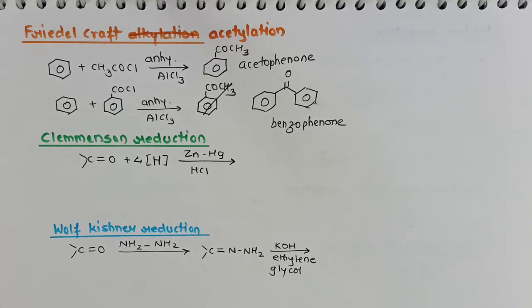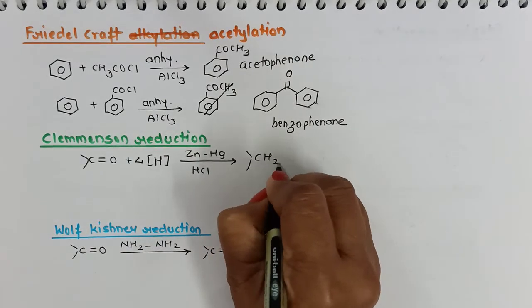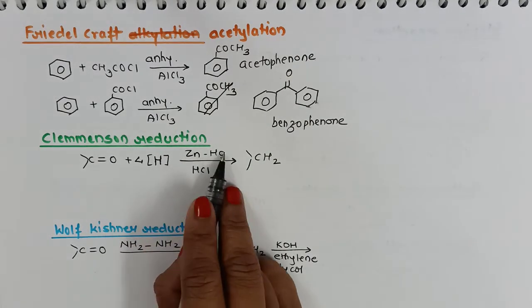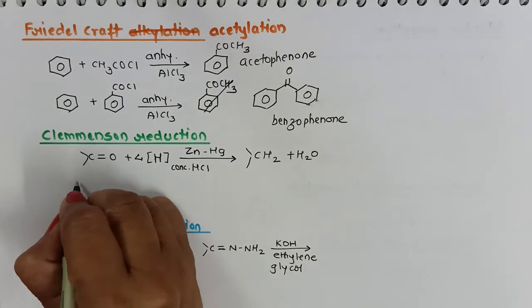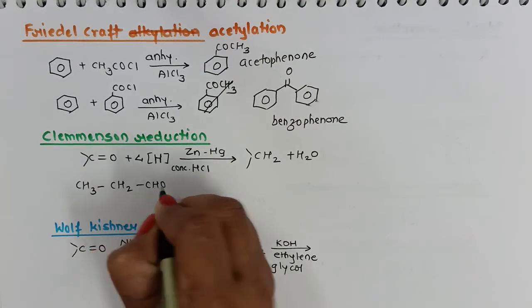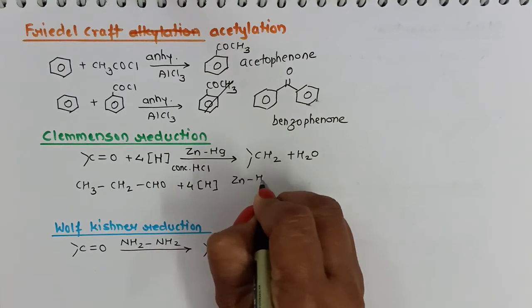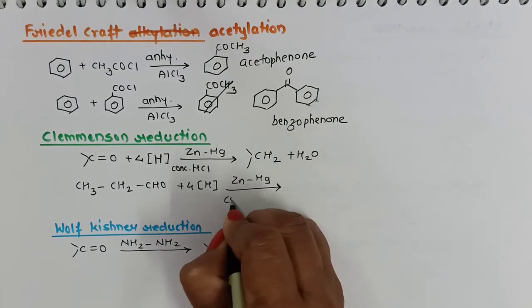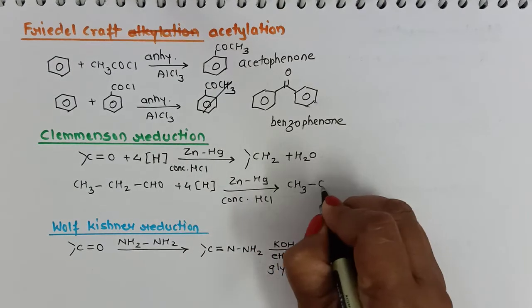In Clemmensen reduction reaction, the carbonyl compounds, they are reduced to corresponding alkane by treatment with zinc amalgam in presence of concentrated HCl. For example, propanaldehyde. It can be reduced by using zinc amalgam in presence of concentrated HCl to corresponding alkane.